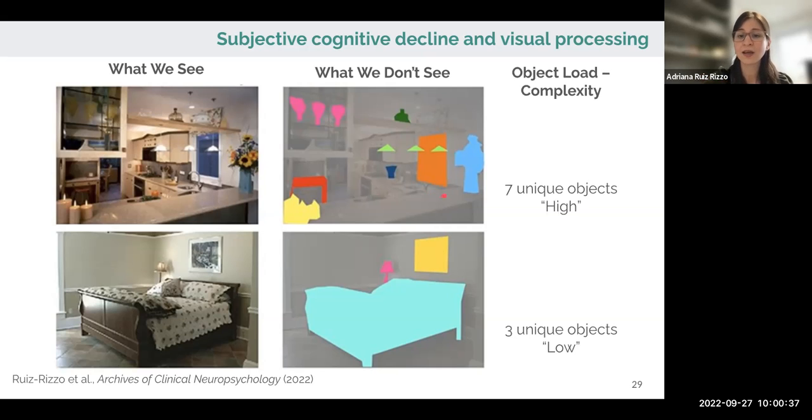In that case, we can say that this image above would be a high complex scene because it has a higher number of unique objects compared to the scene down here. So we made use of this complexity property of images to analyze whether this difference could have some influence on the way older adults store and recognize scenes from memory.